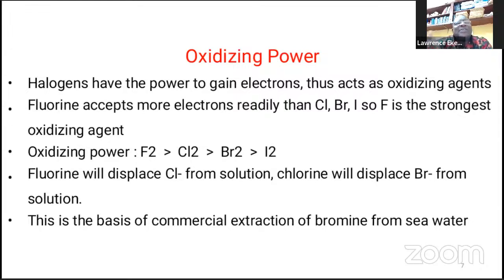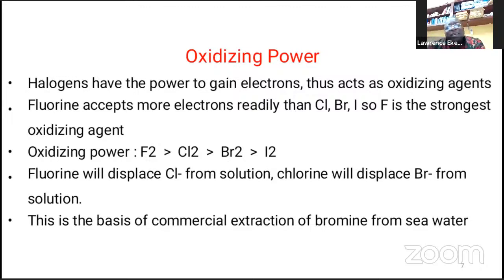So fluorine is the strongest oxidizing agent, and the oxidizing power decreases down the group. Fluorine is the highest, while iodine is the least oxidizing agent. You must take note of that, very important.